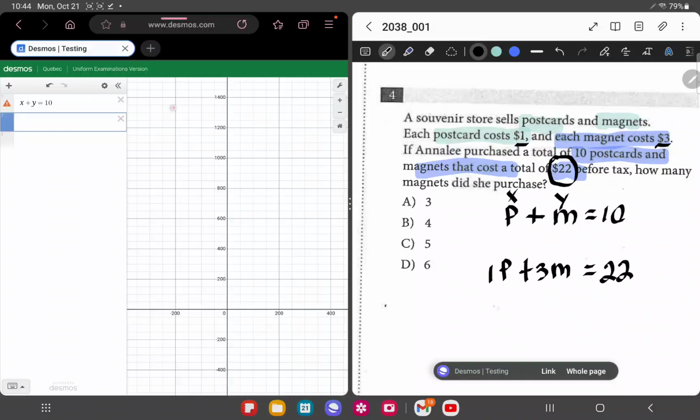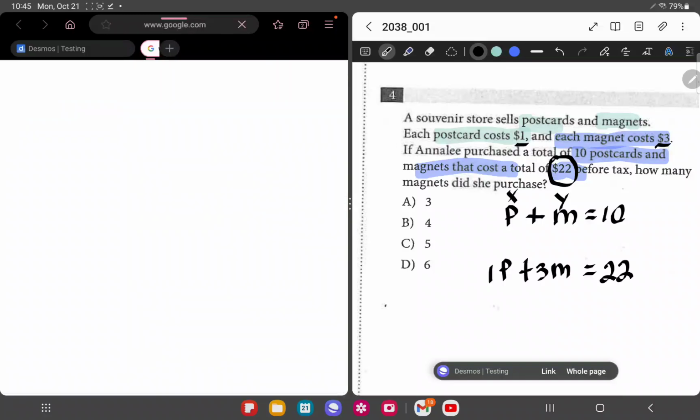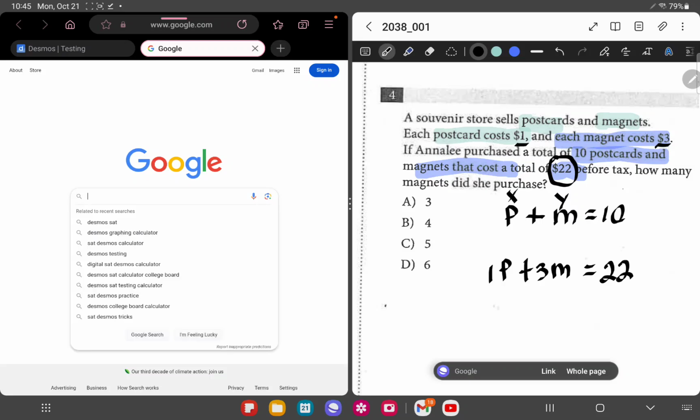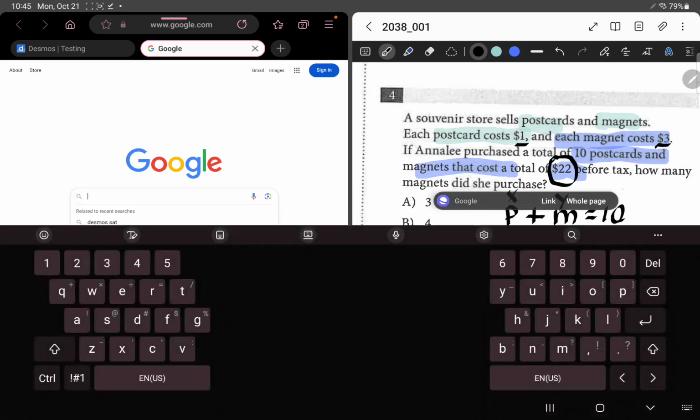Oh, wait, this is a different calculator. Apparently I typed into the wrong one, that's why it's not working. I was like, what the heck? So let's go ahead and open the right calculator.